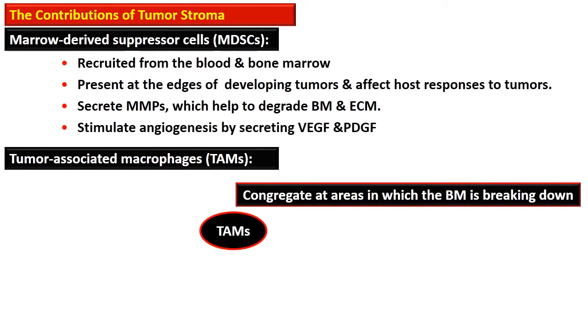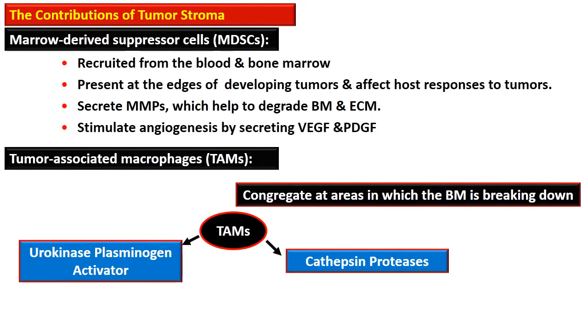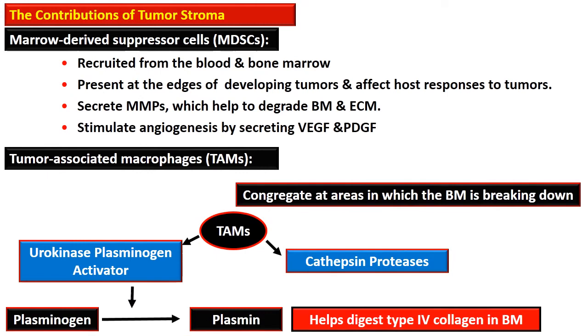While the tumor-associated macrophages are present at the areas in which the basement membrane is breaking down, the urokinase plasminogen activator and cathepsin proteases are secreted by tumor-associated macrophages.